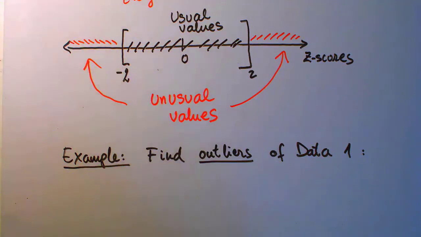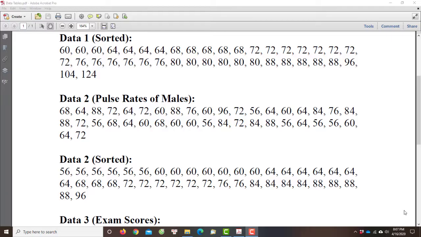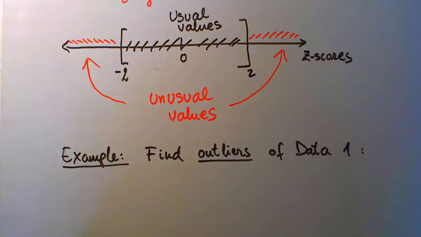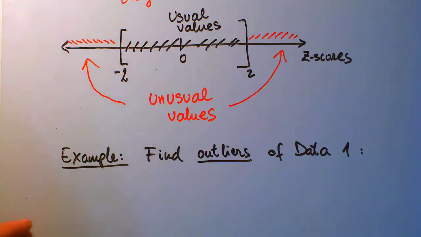Here's my data 1, the same exact data set on the same data sheet. I agree, but the method we did previously in a different video relied on the box plot and the quartiles. This method, we are going to be using z-scores.